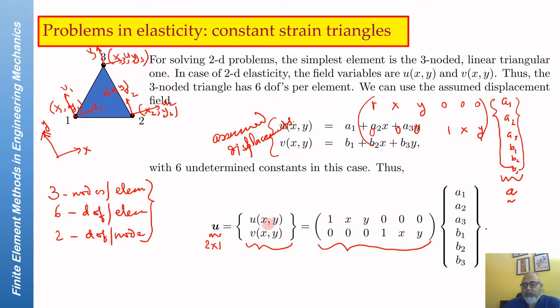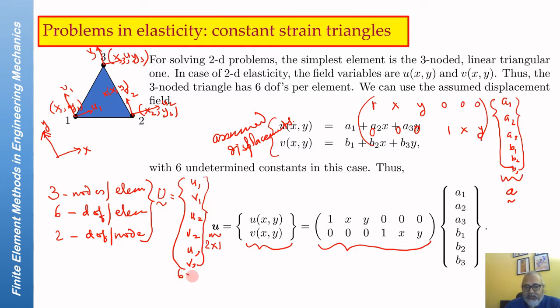If I put x2, y2, I should get u2, v2, and x3, y3 should give me u3, v3. That's what I'm going to demand from this equation, and I am now going to define a vector of nodal displacements. This is going to be a 6 cross 1 vector which has u1, v1, u2, v2, u3, v3 as its elements.